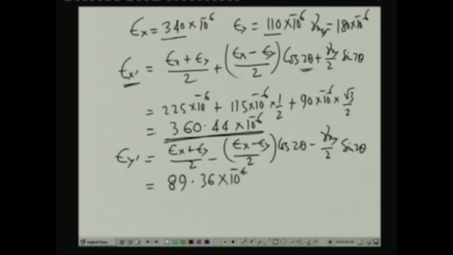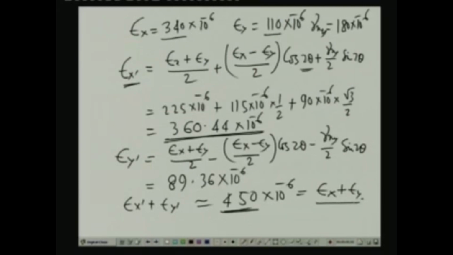So, if we add the values of epsilon x dash plus epsilon y dash, this will be approximately equal to 450. It should ideally be equal to 450 into 10 to the power minus 6, which is equals to epsilon x plus epsilon y. This we have seen earlier.